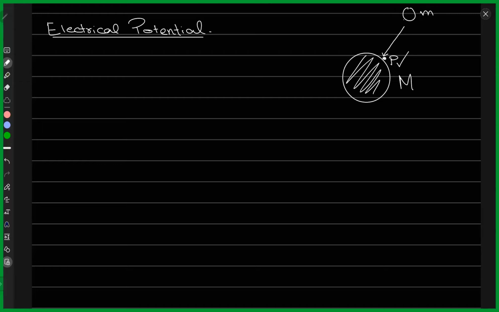Now, electrical potential or electric potential is defined exactly in the same way. The only difference is the type of field. In gravity, we had a gravitational field. In electricity, you'll have an electric field. Now the electrical potential would simply be the work done in bringing any positive charge.